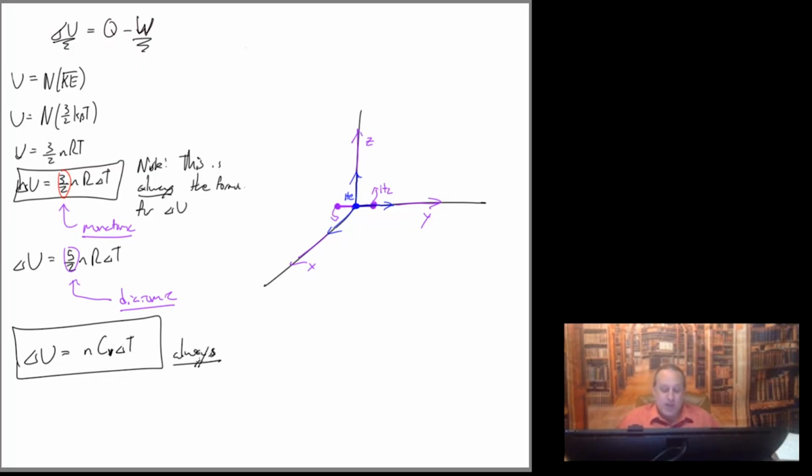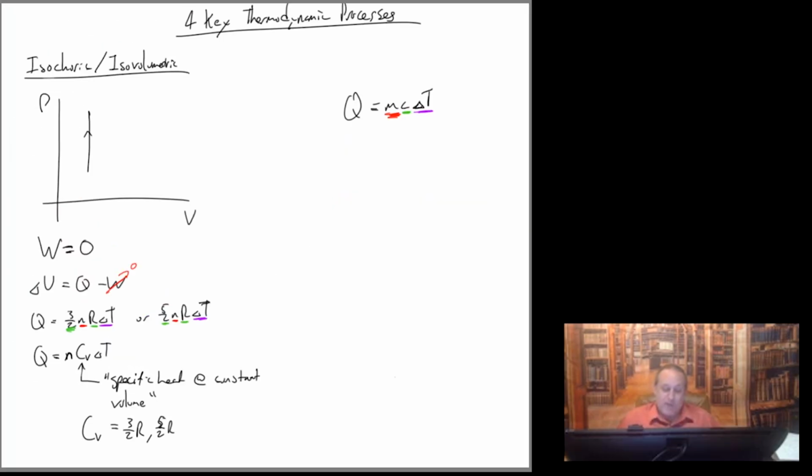But the confusion comes because I just told you that this CV stands for specific heat at constant volume. And when we're talking about the formula for Q, this is only a valid formula for Q if it's isovolumetric, because only for the isovolumetric process is Q equal to delta U.